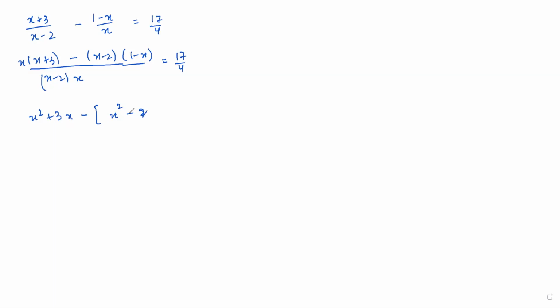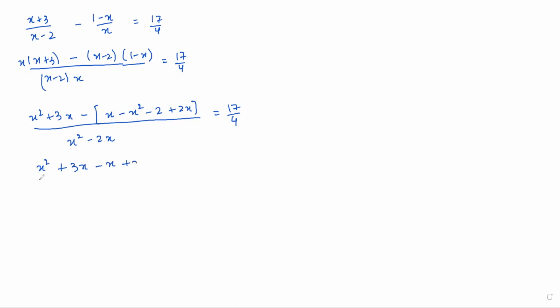Now open the bracket, plus 3x. So all the signs will change: minus of x, plus of x square, plus of 2, minus of 2x. And in the division, x square minus 2x is equal to 17 by 4.